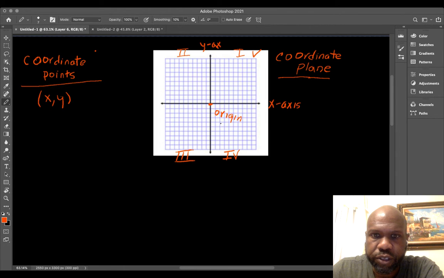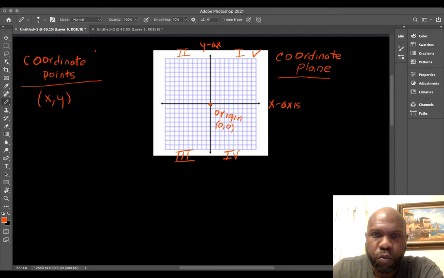The origin is where it originally starts, and that's where we usually start from to count coordinate points. It has a coordinate value of (0, 0), because there's no x or y value; that's the middle start point.